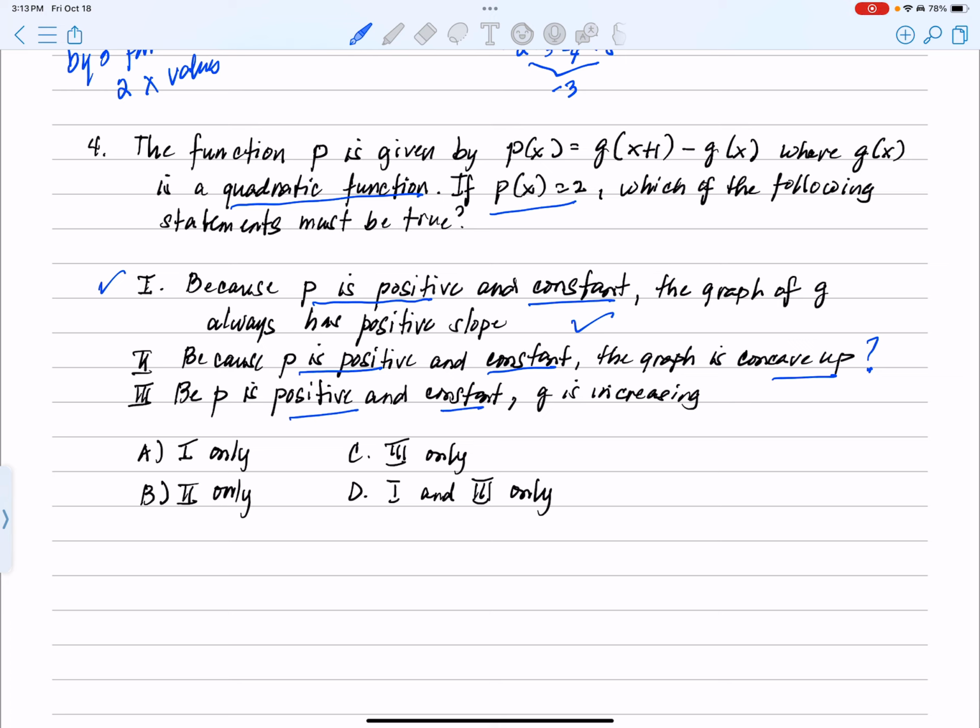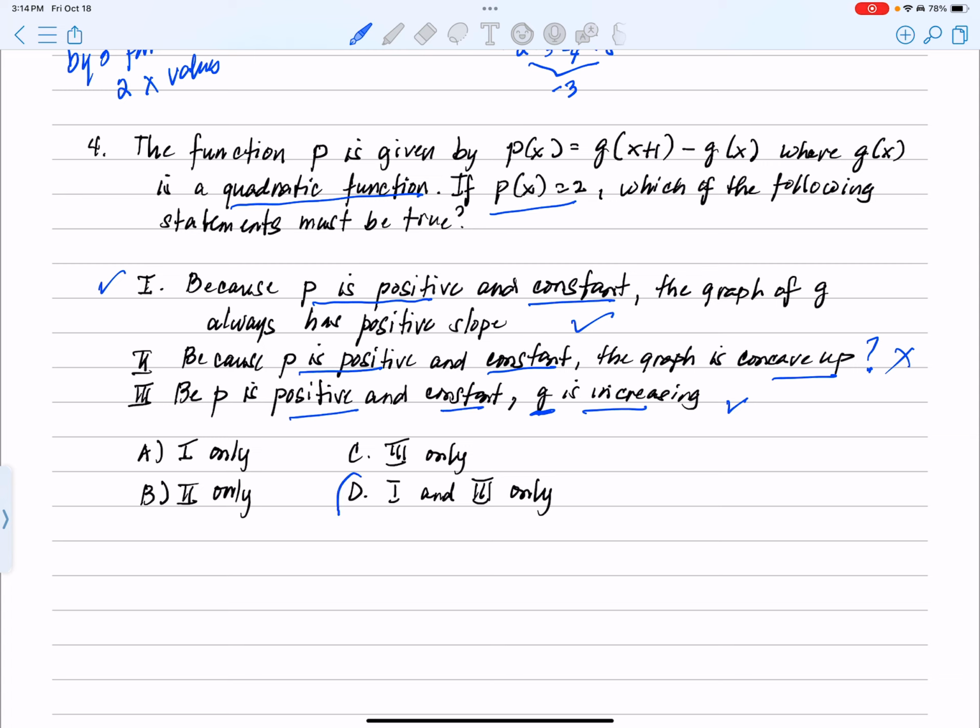We are talking about increasing, not about being constant. All right, so this is not true. When p is positive and constant, g is increasing. See the difference here? It is stated that g is increasing. All right, this is correct.